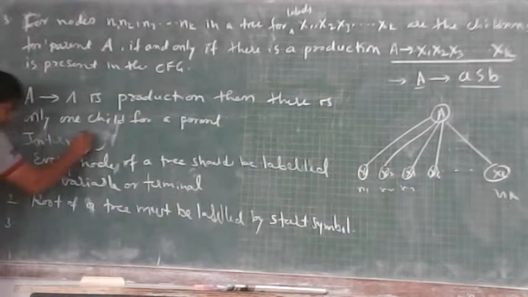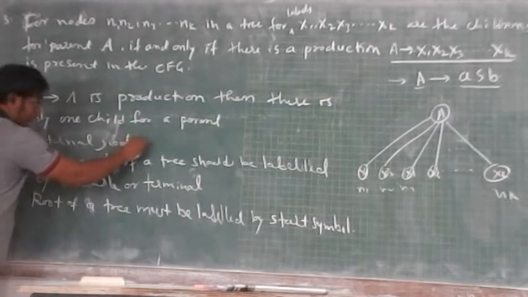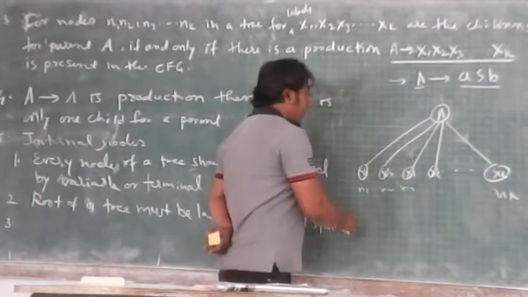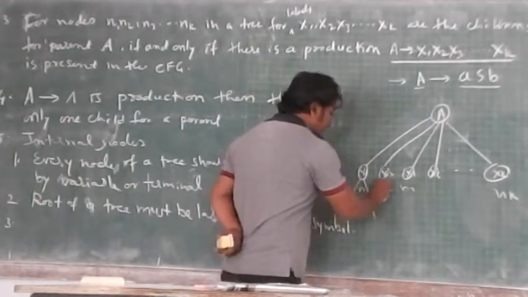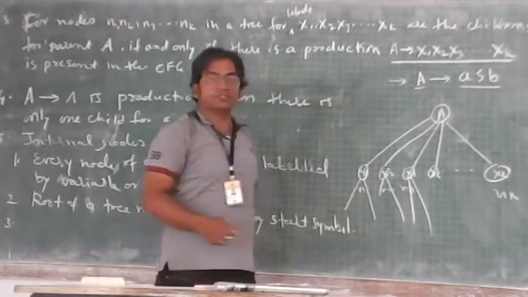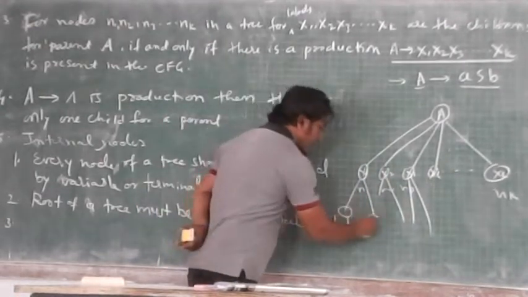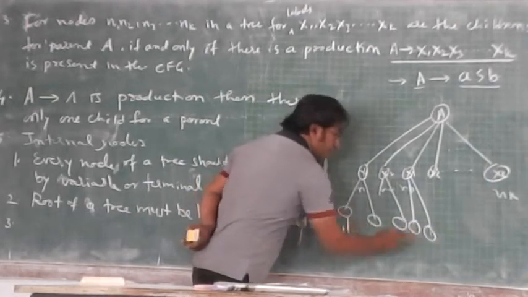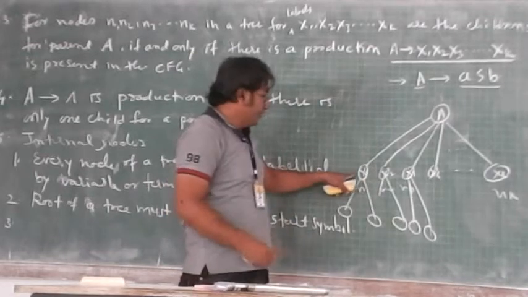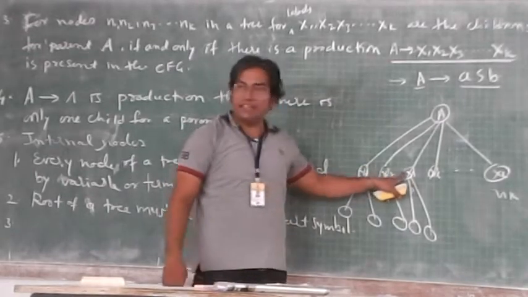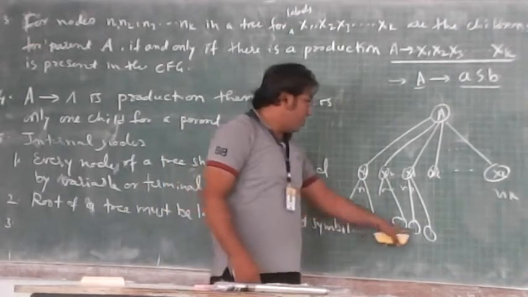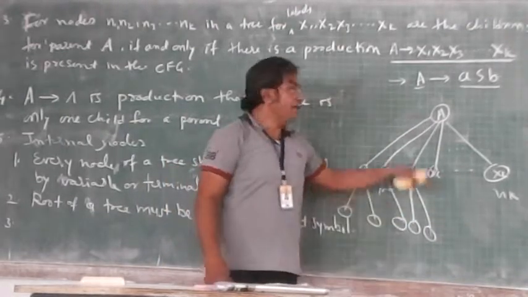Fifth one, internal nodes and leaves. If suppose I have it this way, what are the internal nodes for this diagram? Who are the internal nodes and who are the leaves? These three x1, x2, x3 are the internal nodes for this tree, and all these are the leaves of the tree, and this is the root.